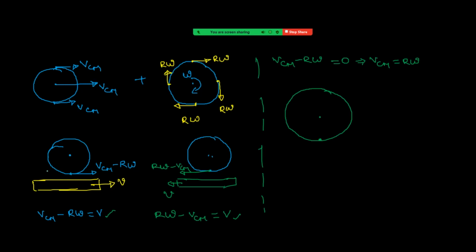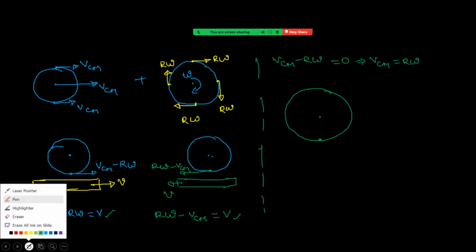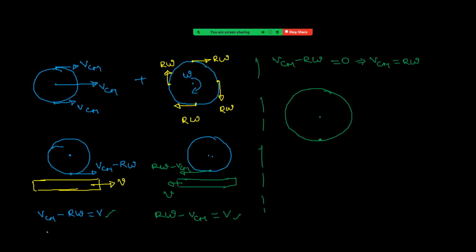When you want to find acceleration, we have to focus on what the acceleration is because of translation and what it is because of rotation. So because of translation, for each and every point, acceleration is the same, that is ACM. So for this point also, acceleration is ACM. For any point, same, because of translation.